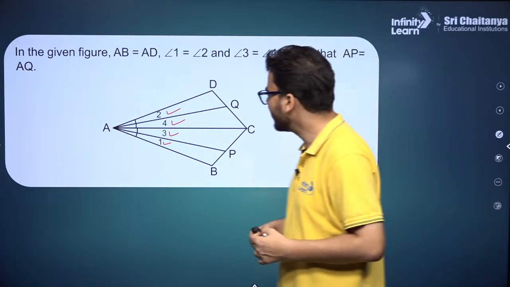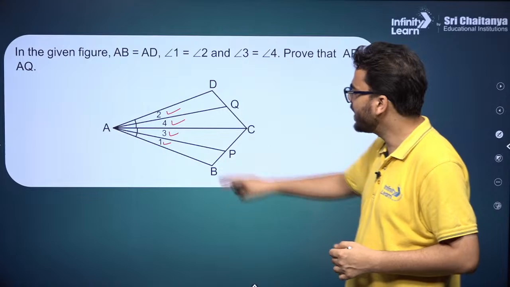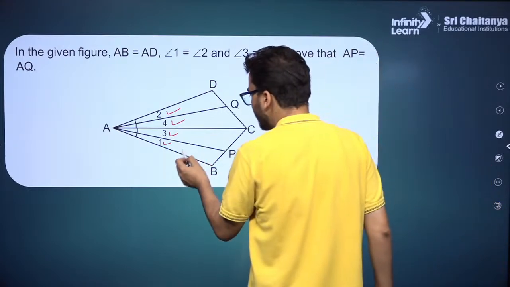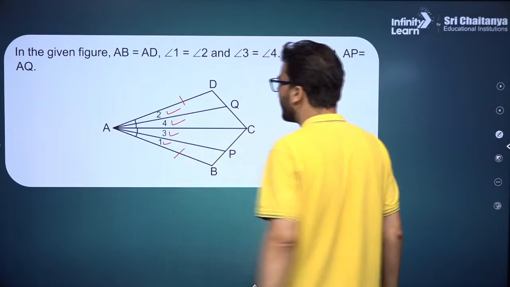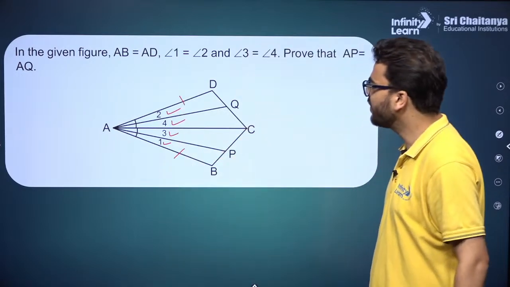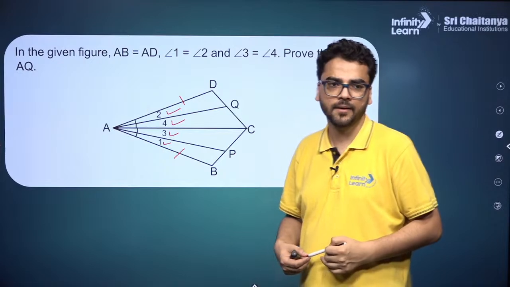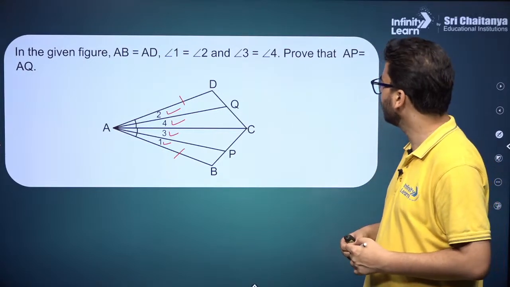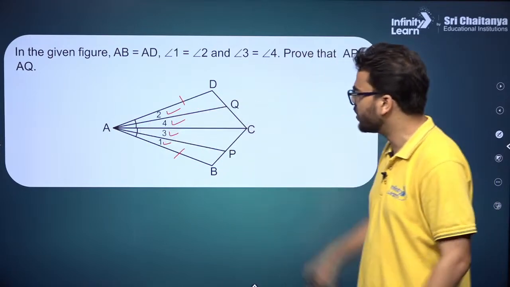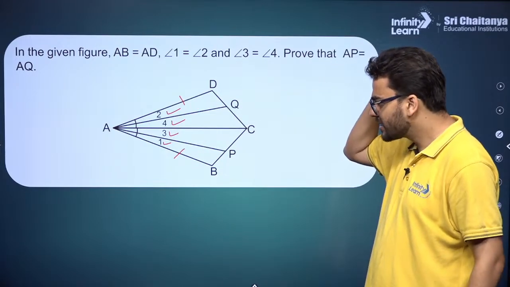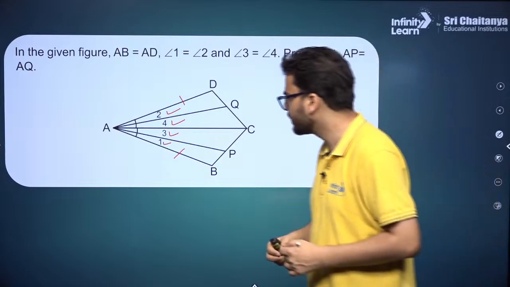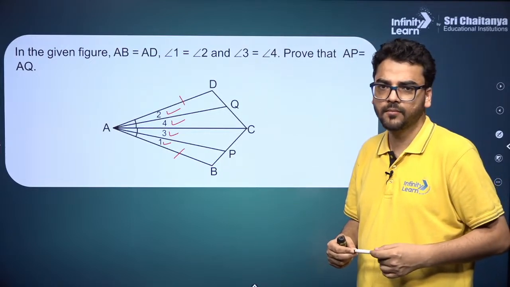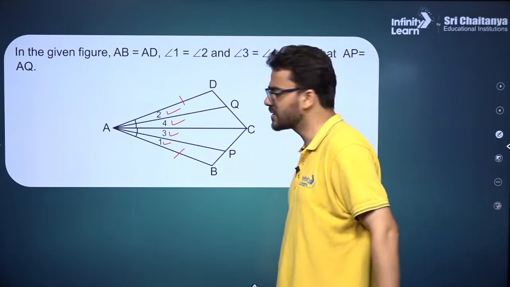So basically in this question, AB is equal to AD is given. That's what I was thinking. AB is equal to AD is already given to be equal. Now how can we do that, guys? Tell me. AB is equal to AD is already given and we have to prove that AP is equal to AQ. It's a very simple question now, a direct question. Can you tell me, guys? Can you respond in the chat, guys?